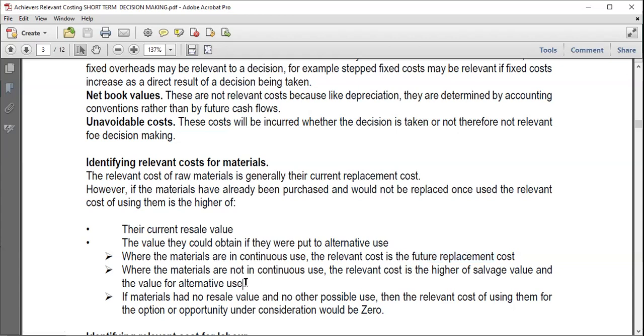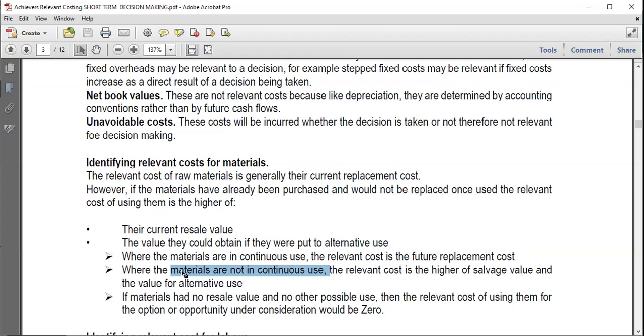And then we have cases where the materials are not in continuous use. Here it means that these materials are, for example, scrap. You're not going to use them for anything else.